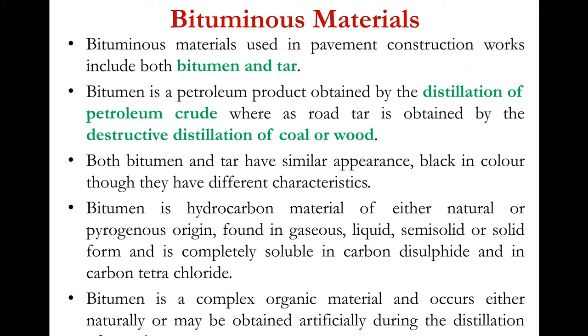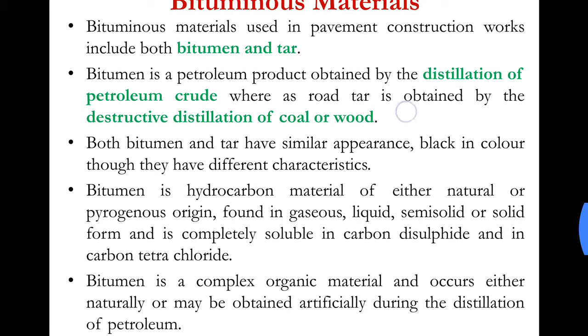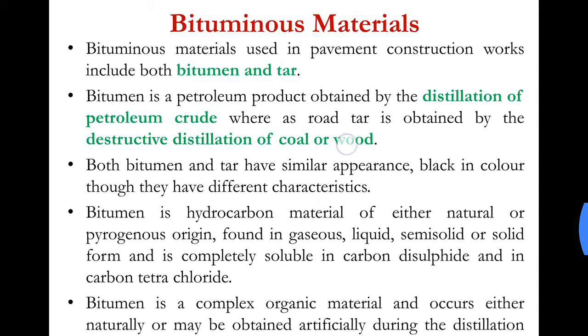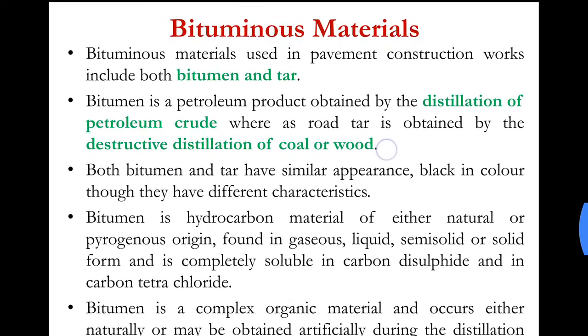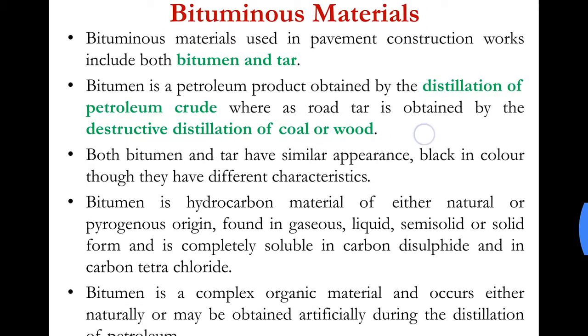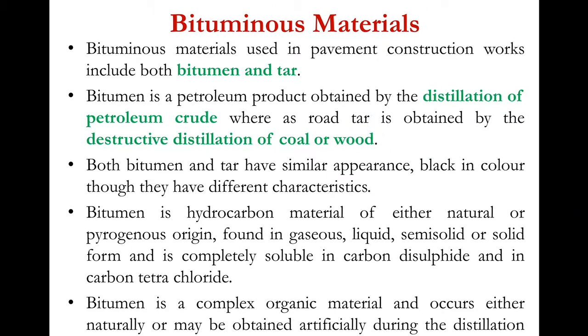Okay, so when we carry out distillation in the absence of oxygen, it is known as destructive distillation, and when we do this to either coal or wood, we obtain a byproduct, that is tar. Okay, so the origin of bitumen and tar are different.